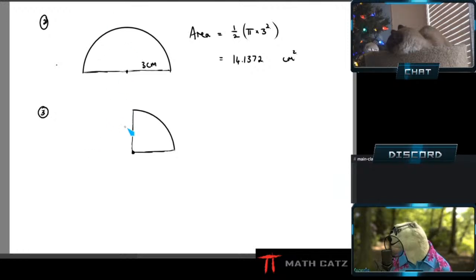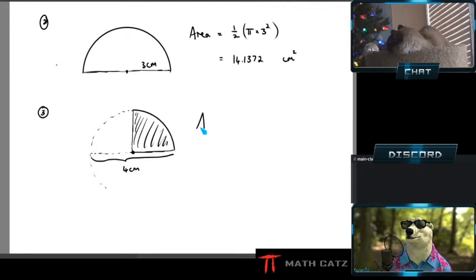If I did have the circle all the way around, the diameter is 4 centimeters. So I'm only interested in this little guy. So the area is going to be a quarter of the area of a circle. Full circle is pi r squared.